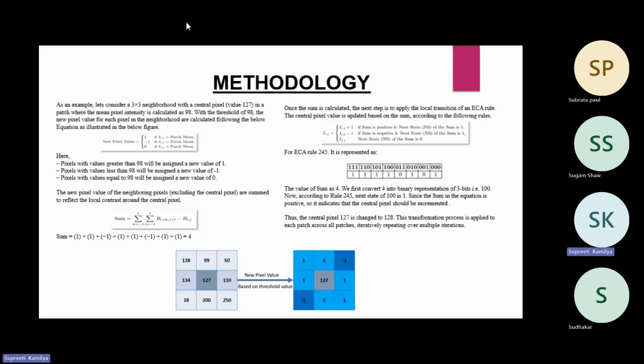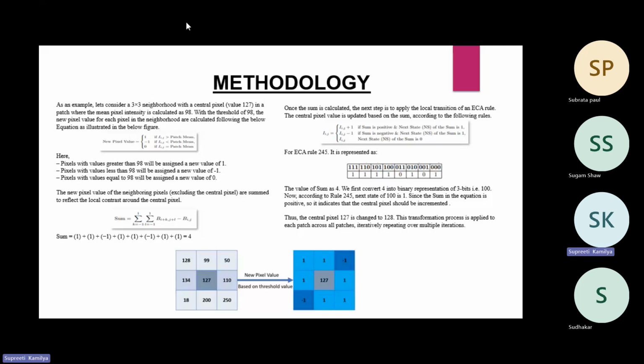First, we are assigning new pixel values to every pixel in this patch. How are we doing it? We are taking the mean intensity of this particular patch. In this case, it is 98. The pixel values greater than 98, we assign as 1. The pixel values less than 98, we assign as -1, and those equal to 98, we assign as 0. That is the first step of our methodology.